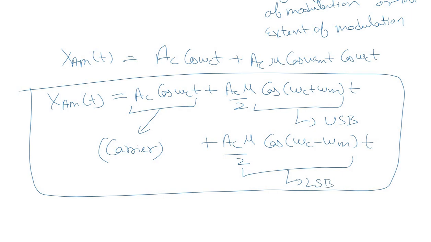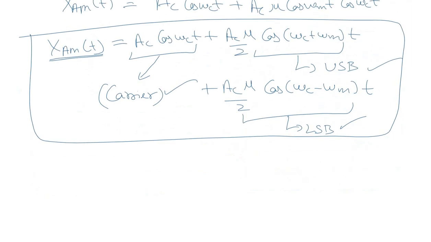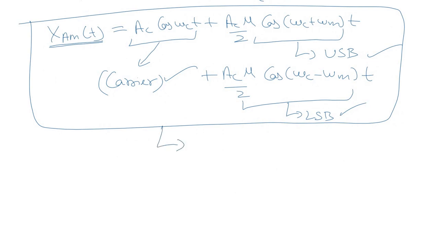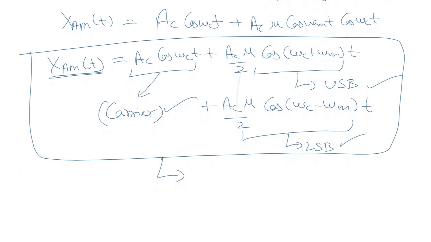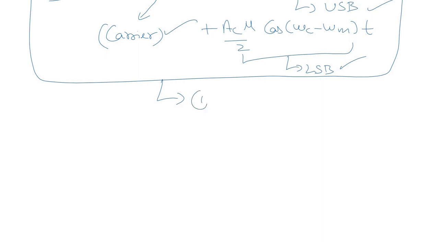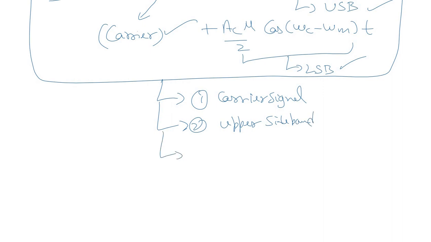So we can clearly observe that in this type of conventional amplitude modulated signal, we have three components present: one is your carrier signal, second is your upper sideband, third one is the lower sideband.